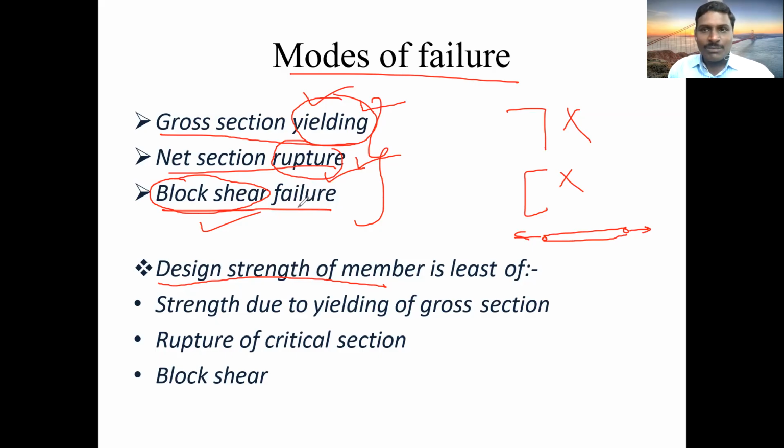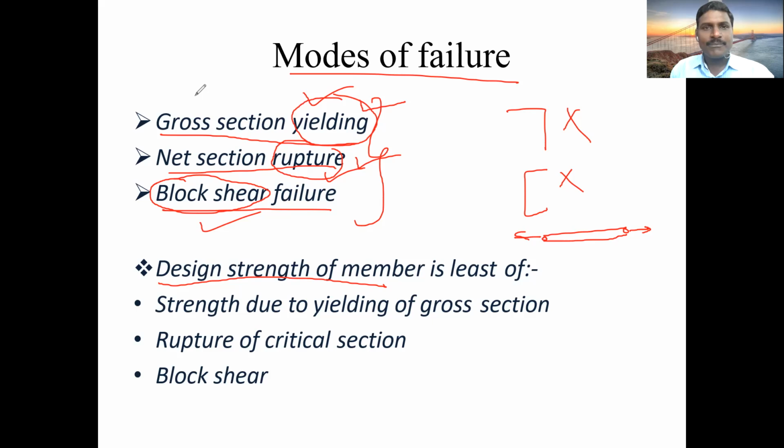We have discussed the bolt. Now in welded connection also we have found the strengths. Which strength did we find in the welded connection?